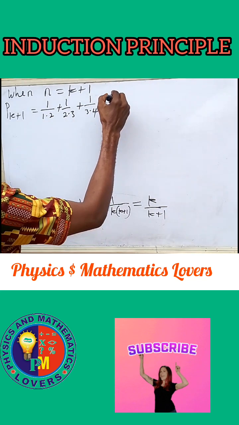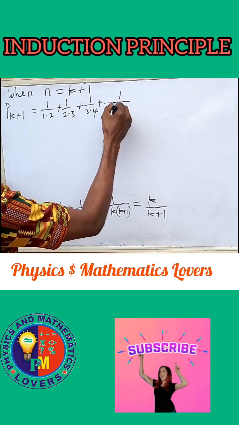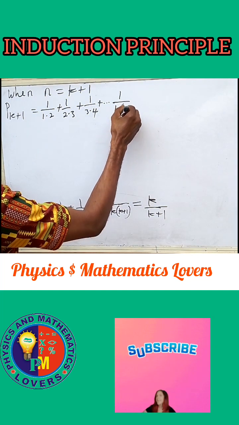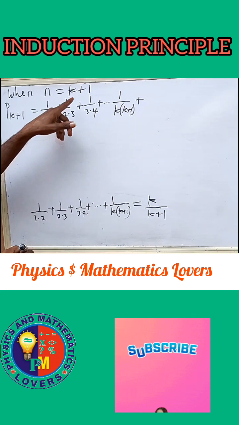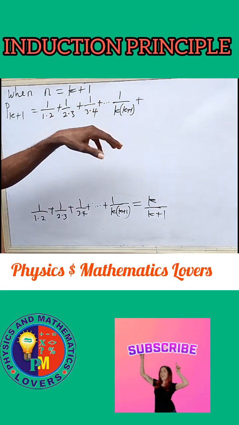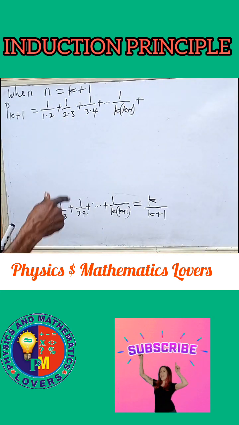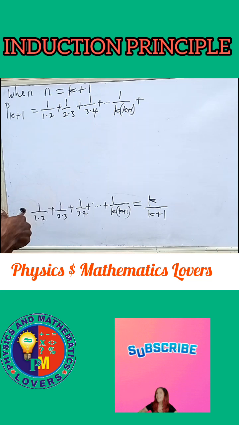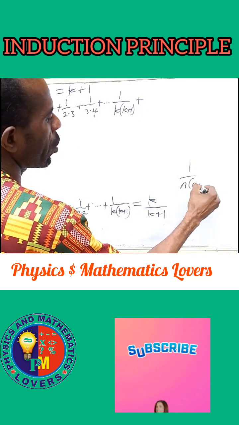Then we have our k term, which is 1 over k times k plus 1. Then plus the next term, which is our k plus 1 term. So we plug into our formula for deriving the next term, which is 1 over n times n plus 1.